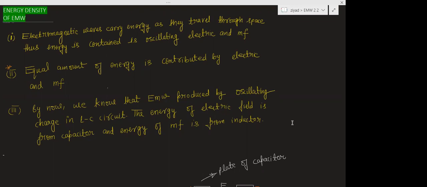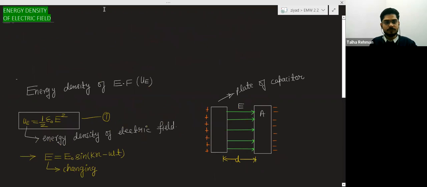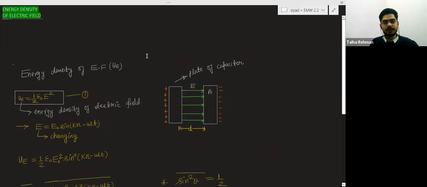Done, sir. So next slide. Just a minute. Now you can take the screenshot. And what is this? This is the capacitor plates.